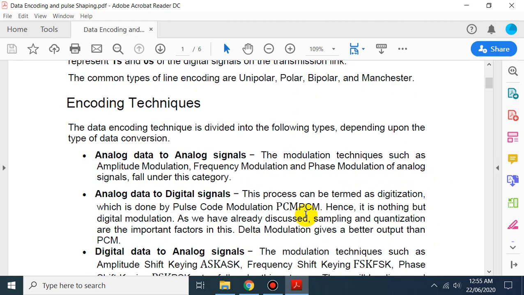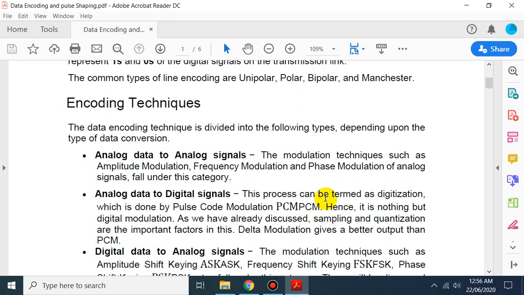This process can be termed digitalization as well, and we know that this is done by pulse code modulation that we studied in our previous lecture. Hence, pulse code modulation is nothing other than a digital modulation scheme. We have already discussed sampling and quantization used in PCM.